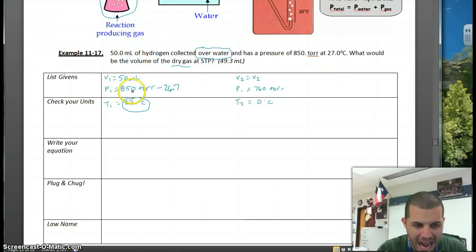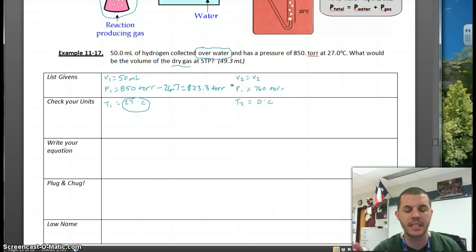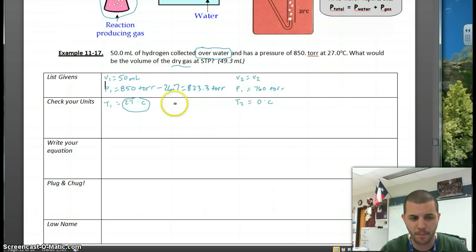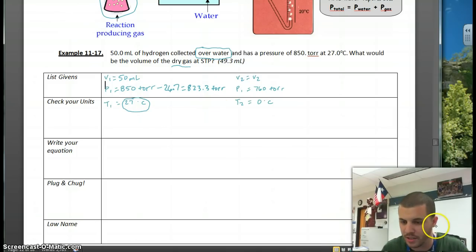So I'm going to subtract 850 minus 26.7 to find out what my dry pressure is. 850 minus 26.7 is 823.3. So 823.3 torr is my pressure of just my hydrogen. That's what I've got to focus on for this problem. I also need to convert my temperatures to Kelvin, so we'll do that as we are dealing with our problem.